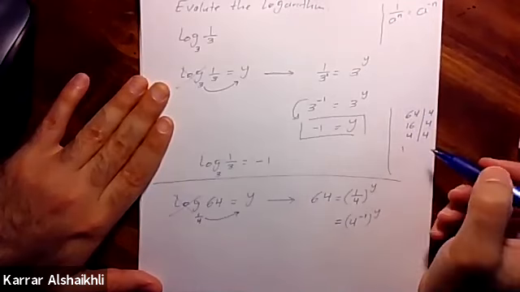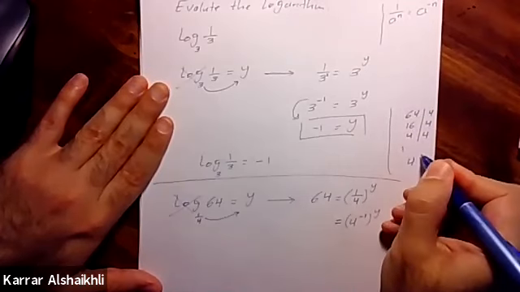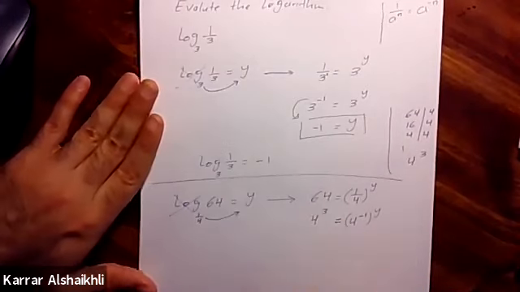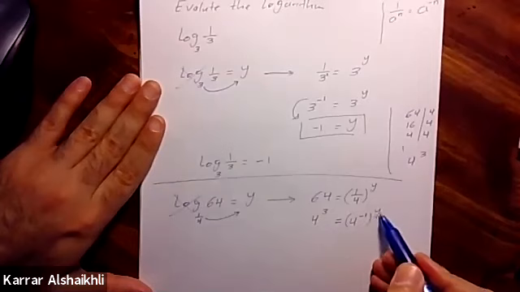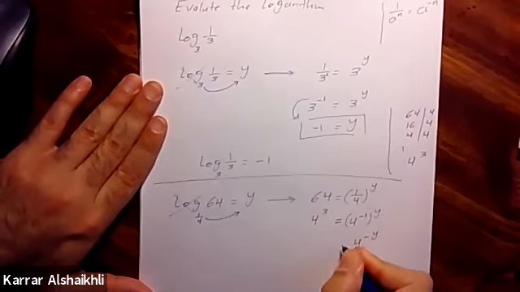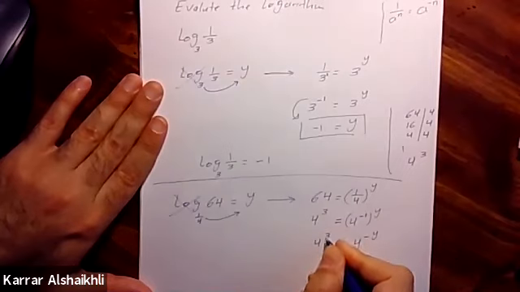So I can write down 64 as 4 cubed. I can multiply these two exponents. So it's going to be 4 to the -y equal 4 cubed.